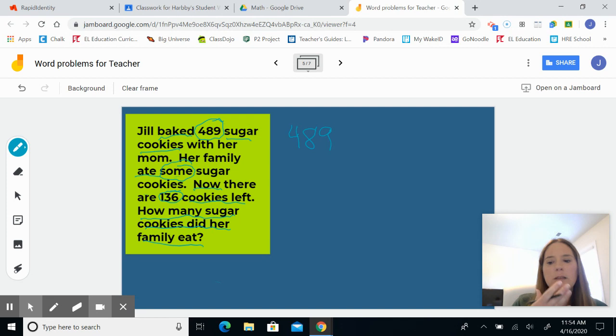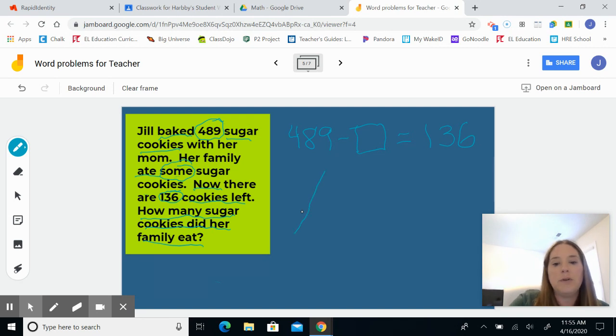If I'm eating some cookies, is it going to be subtraction or addition? Yes, it's going to be subtraction. And some is the unknown, so I'm going to draw a box. Now there are 136 cookies left. 136 is my total down there. All right, it's subtraction. So remember, I just misspoke. The total is right here, and here are the partners.